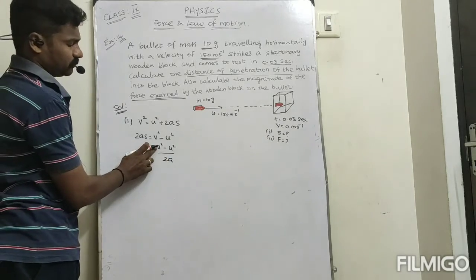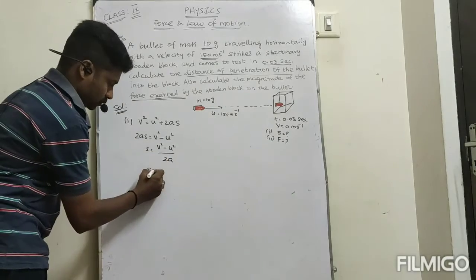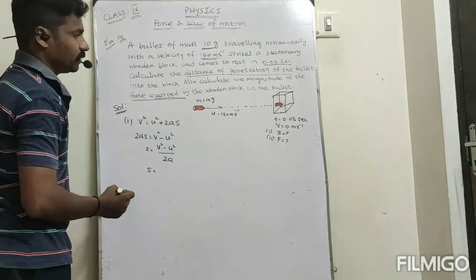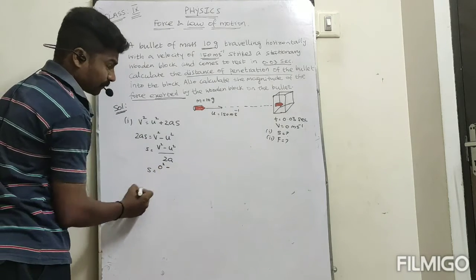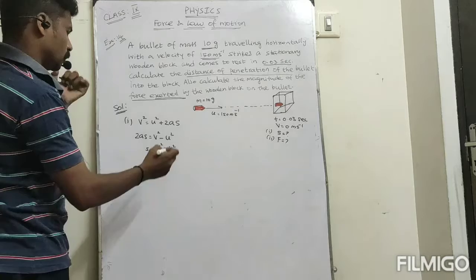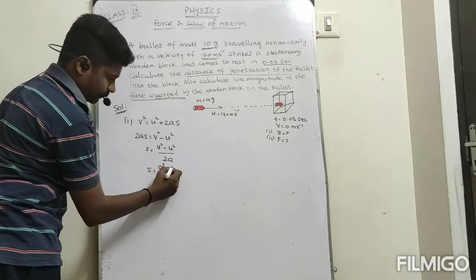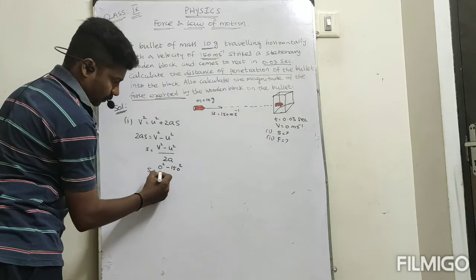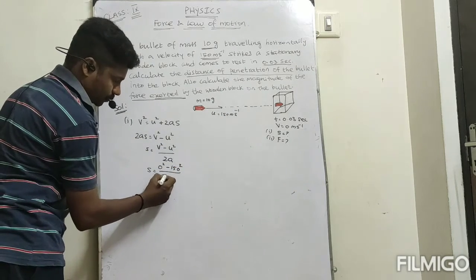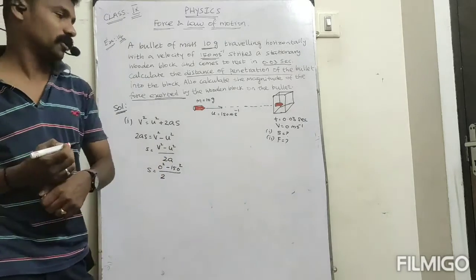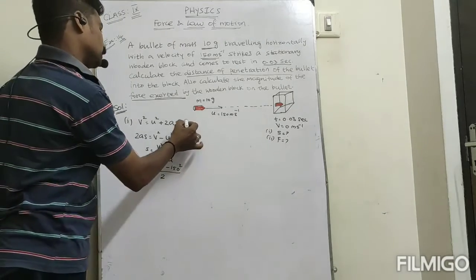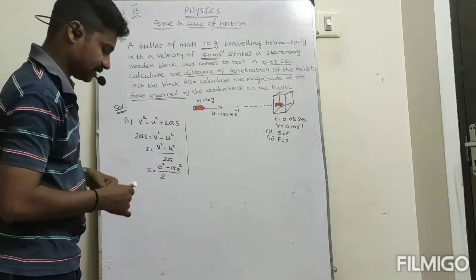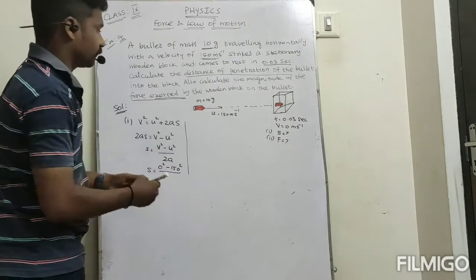So v value is 0 squared, minus u value, the initial velocity 150, so 150 squared, divided by 2 into acceleration. But we don't know the acceleration, so we must find the acceleration first. So please listen.